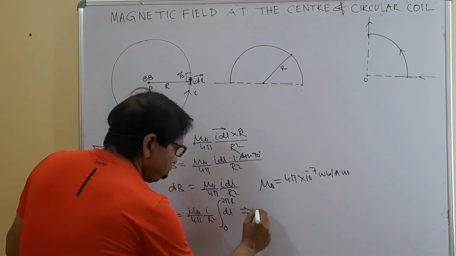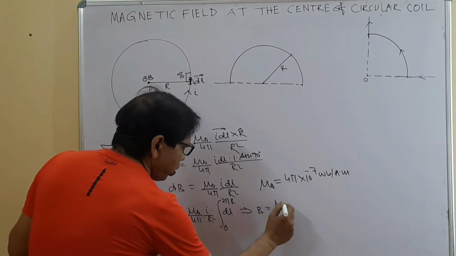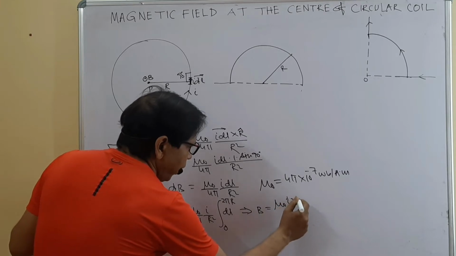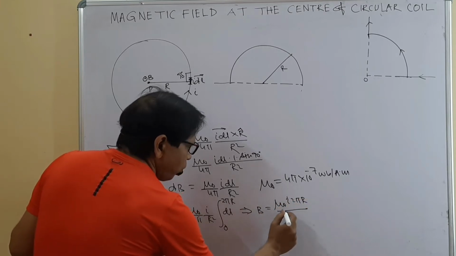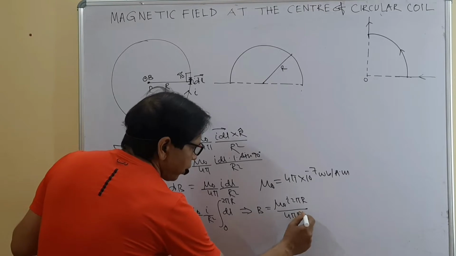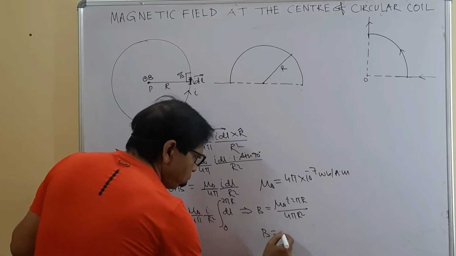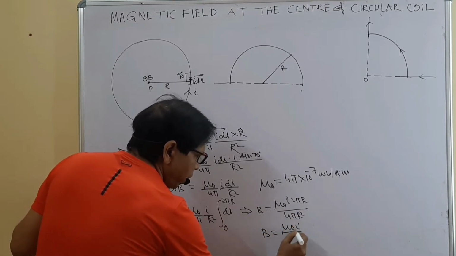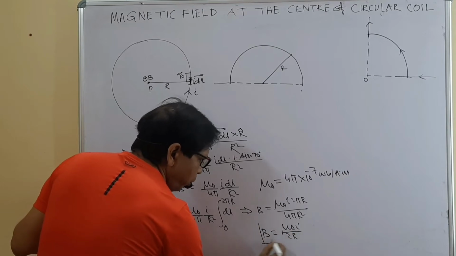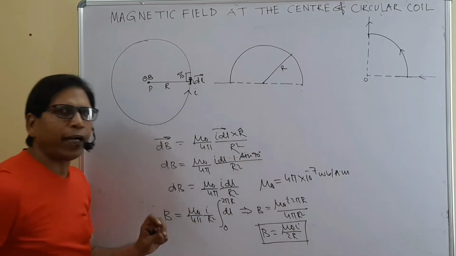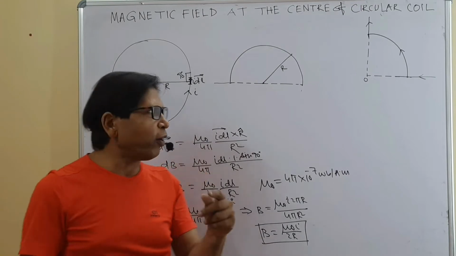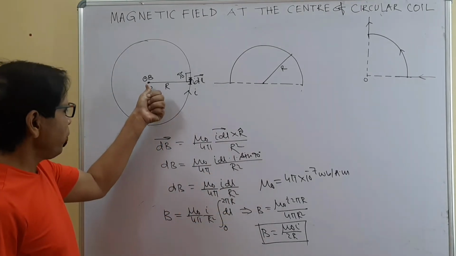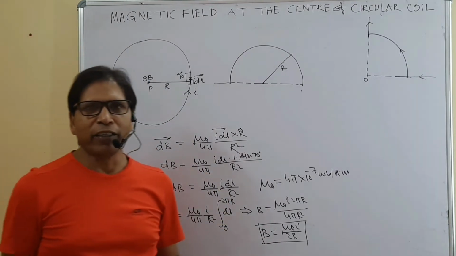Therefore, B equals mu naught I 2 pi r divided by 4 pi r squared. Therefore, B equals mu naught I divided by 2r. So the magnetic field at the center of the circular coil is mu naught I by 2r.